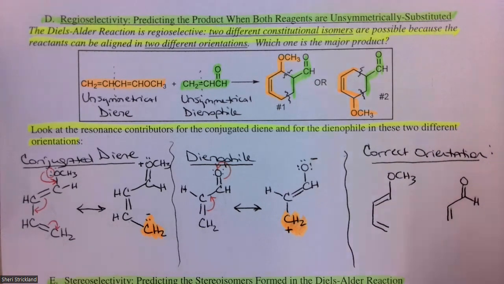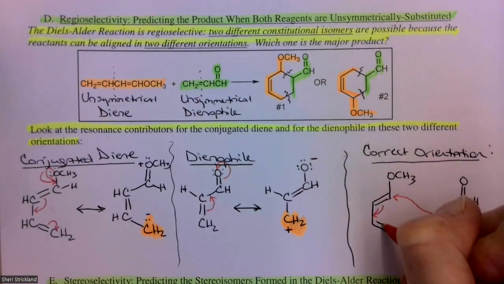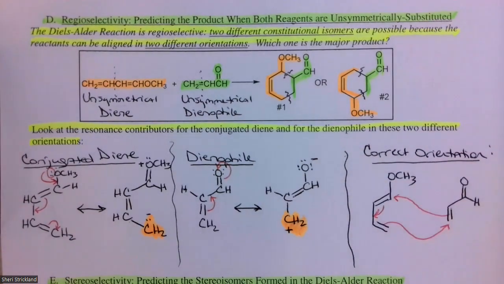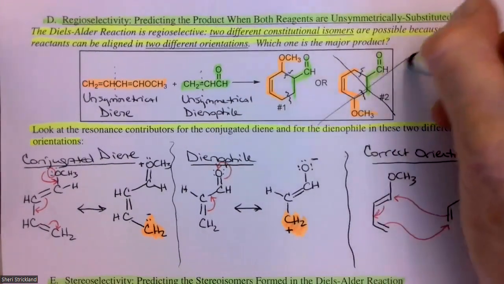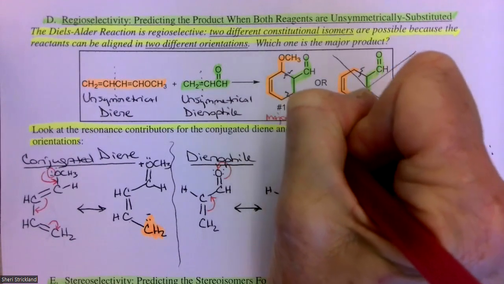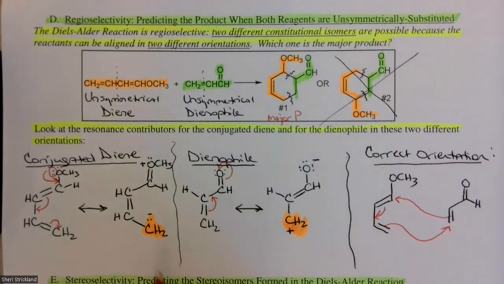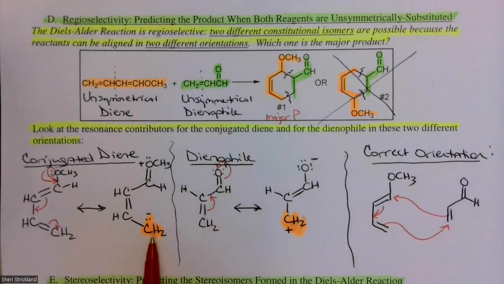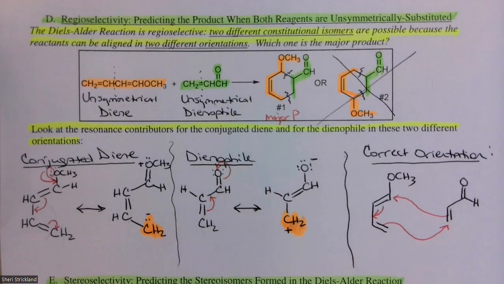And you can either include that hydrogen or not. All right. And that leads to this one. So this is the major product. But you would only know that by going through this analysis to find where the charges are on the carbons that will be involved in the Diels-Alder reaction.